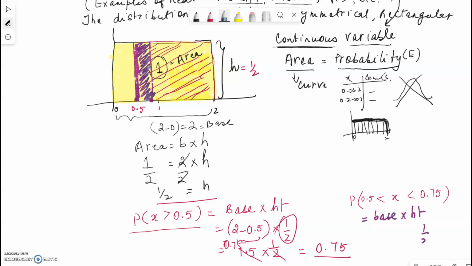Height is always the same because we are picking a number between 0 and 2. The height is half, and the base is 0.75, the larger number, minus the smaller number, and that is equal to 0.25 times half, which is 0.25 divided by 2, so that is 0.125, and that is the probability.